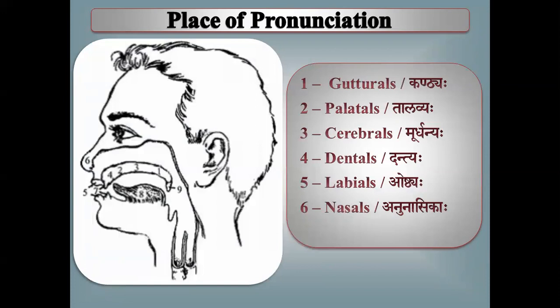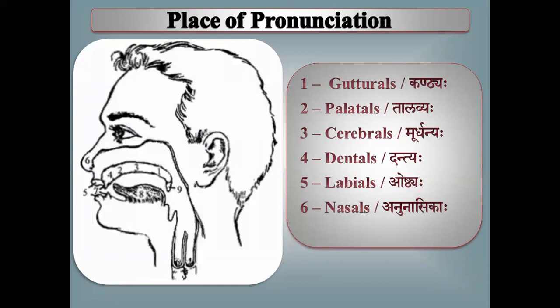And number two is the palate. The sound that comes from the palate is palatal. And three is where your tongue is folded, not just folded, a little fold is there, touching the roof of your mouth. That is cerebrals, murdhanyaha. And dental, the tongue touches position 4, just above the upper teeth.